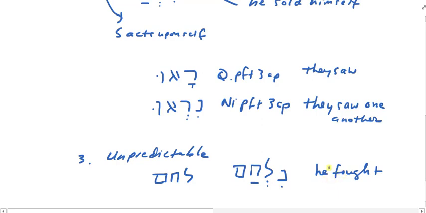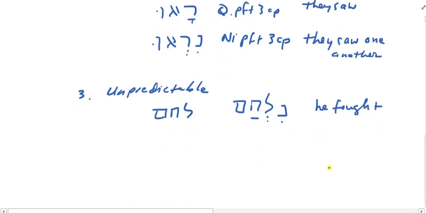Okay? Here's another one. The verb aman, from which we get the word amen. Okay? The Niphal perfect is ne'eman. Don't worry about the guttural here. This is a weak verb because it's guttural in root 1 position. So it is irregular. We're going to learn more about this in chapters 32 and 33. But in the Niphal, it has a meaning.